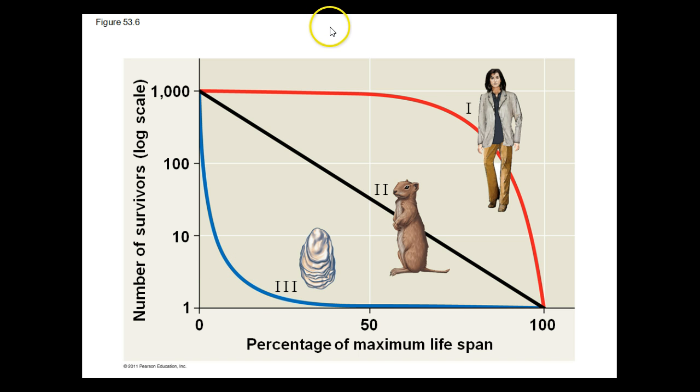This is a type of oyster. Once you've made it here, then you kind of survive. You're going to go, a number of individuals surviving to 100, and it looks like you get maybe one, but they kind of slope off here.